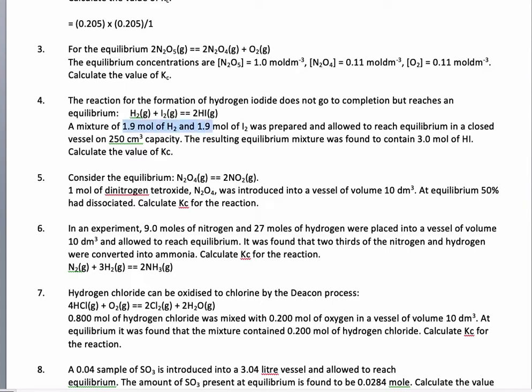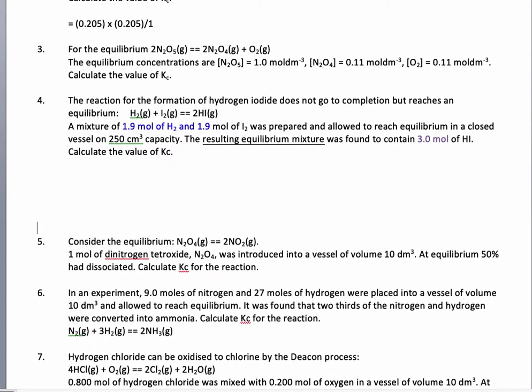So my first numbers are my initial amounts, and then when it says resulting equilibrium mixture, any number after that is when I am at equilibrium. So the wording gives me a clue that I need to do one of these ICEE tables.